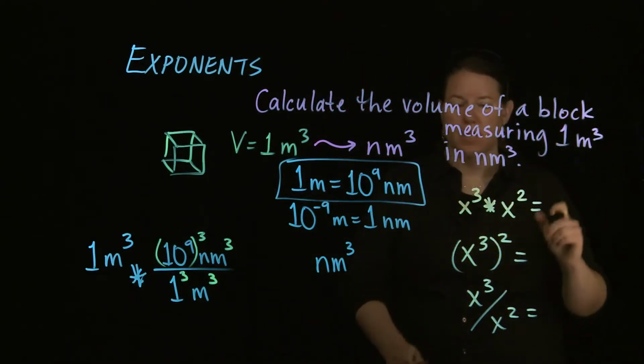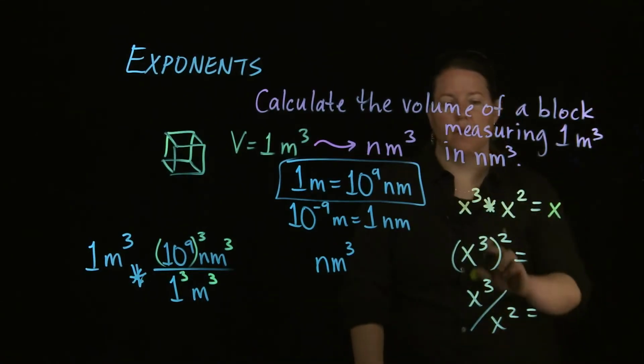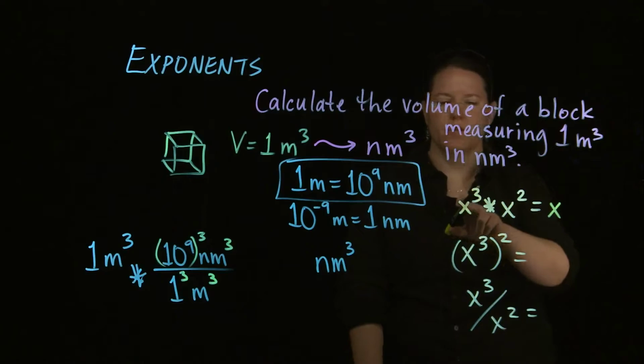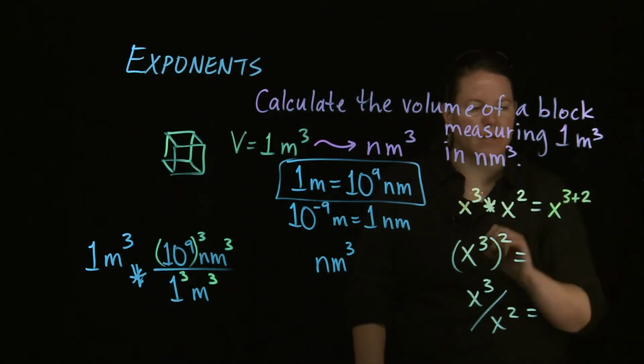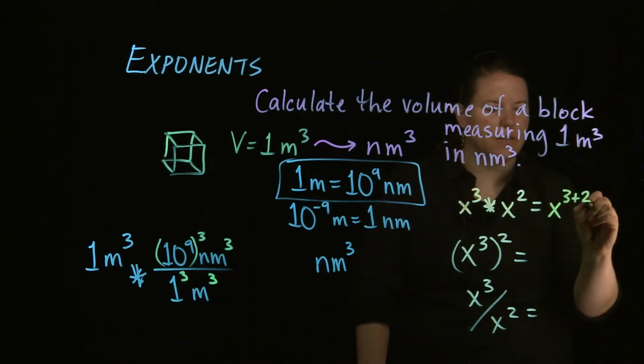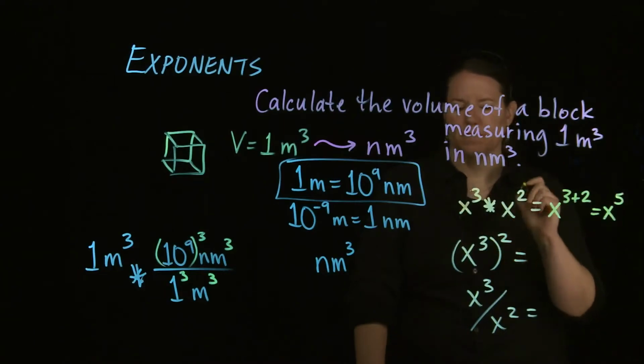What you learned is when you have the same base and you have them multiplied by one another, so x cubed times x to the second, what you do is you add those 2 exponents. So this would be x to the 3 plus 2, which would be x to the 5th, okay?